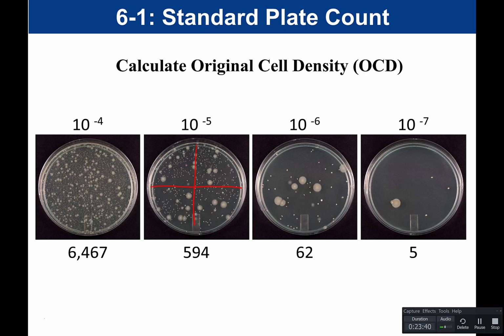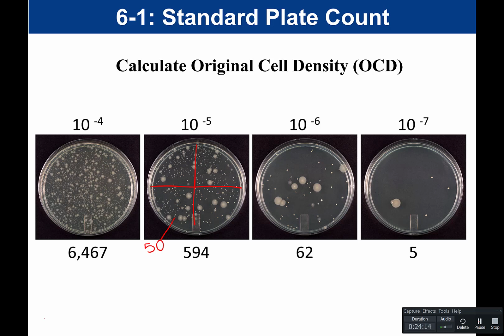So ignore the 594 for a minute. Let's say that we counted a quadrant, and within that quadrant there were 50. Again, I'm just doing an easy number for math. So let's say we counted one of our quadrants where my plate was divided into fourths, and that quadrant had 50 colonies on it. I would not record my colony forming units as being 50. There are 50 colonies on 1/4 of the plate.